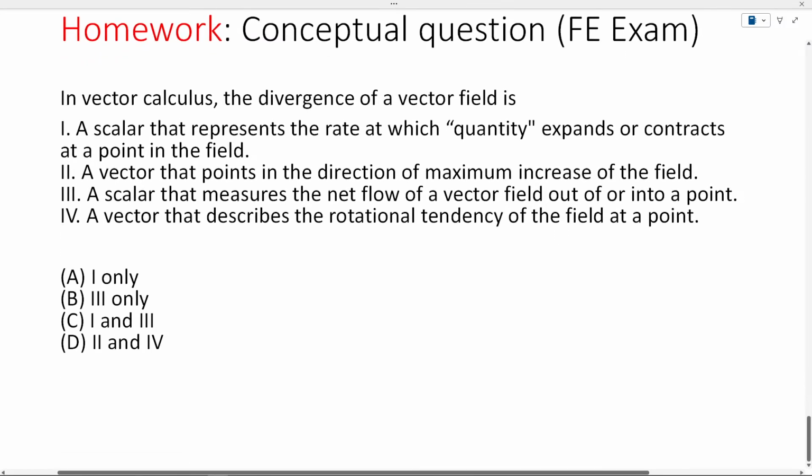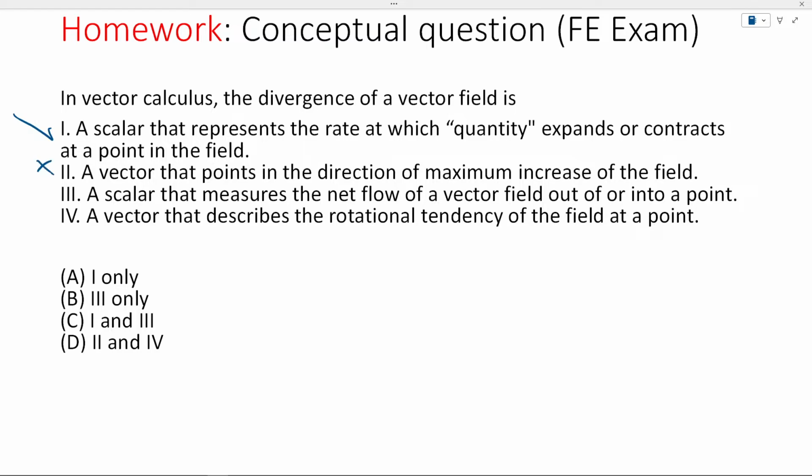Conceptual question: the divergence of a vector field. That's your homework. Let's see this. A scalar that represents the rate at which a quantity expands or contracts at a point in the field. Yes, source or sink. A vector that points in the direction of the maximum increase in the field. It's not a vector, it's a scalar.